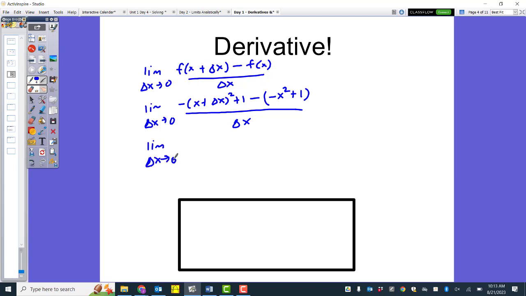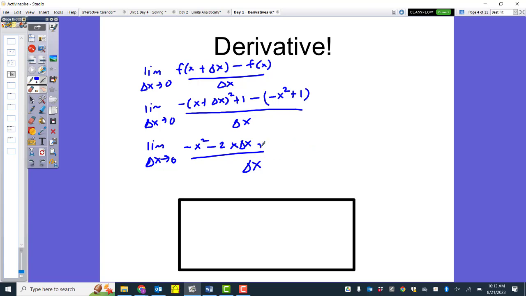The limit as delta x approaches 0 of negative x squared minus 2x delta x minus delta x squared plus 1 plus x squared minus 1 over delta x. Oh, I was missing delta x squared.